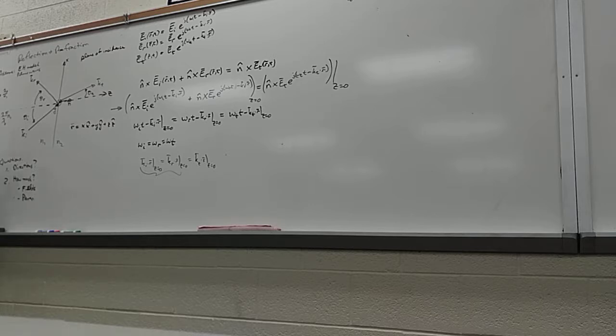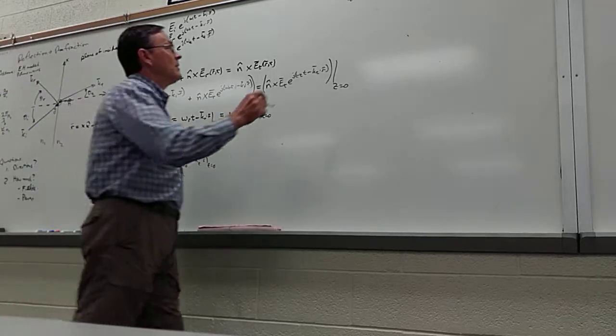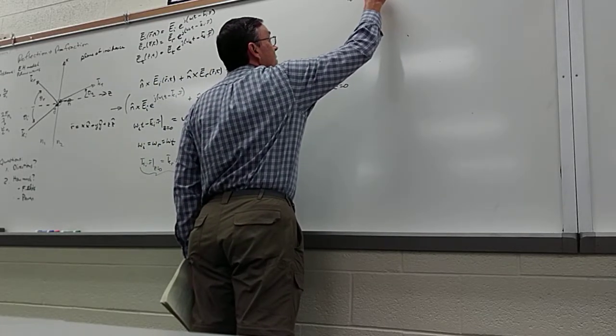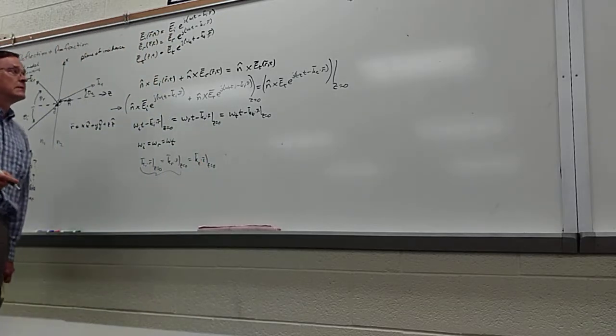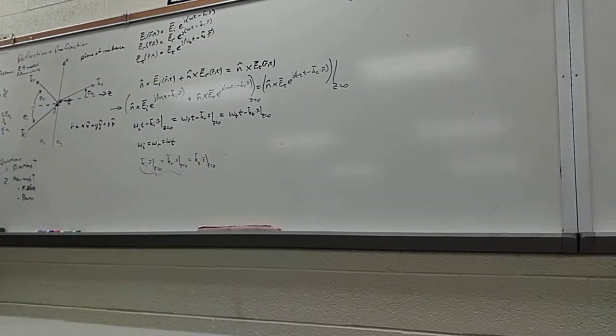Okay, so that's certainly one form we could use. We could also say omega over c times n1, same thing. So it's just the wave number, and the wave number is in the Helmholtz equation that we solved to get the wave equation. Okay, so let's use, just for fun, the omega over c times n1. And now what are the components of the wave vector k_i? How much of it do we have in the x direction?